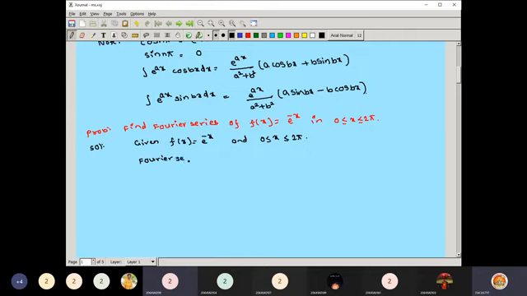Next line. Fourier series is given by, so you are writing the formula for the Fourier series. f of x is equal to, the standard formula is a0 by 2 plus summation n equal to 1 to infinity. Call it only summation, don't call it sigma.